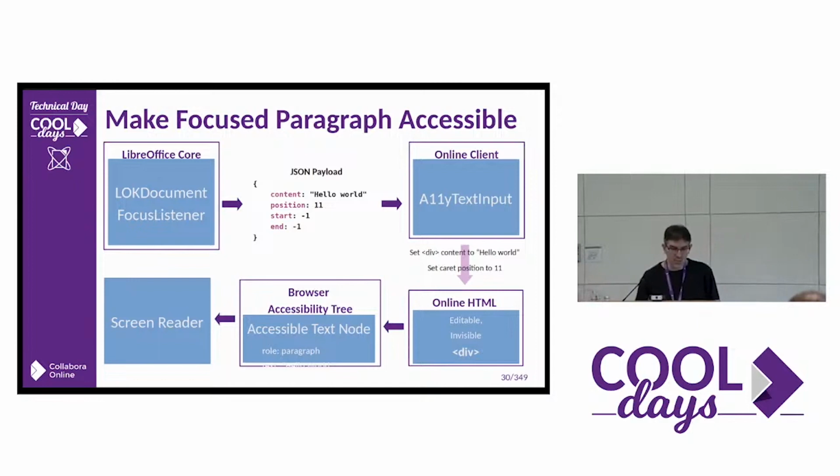In this way, the browser can append to the accessibility tree for the web page including the document an accessible text node, which can be used by the screen reader for extracting information about the focused paragraph.